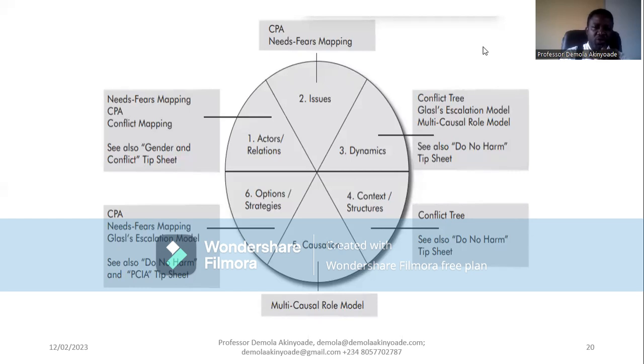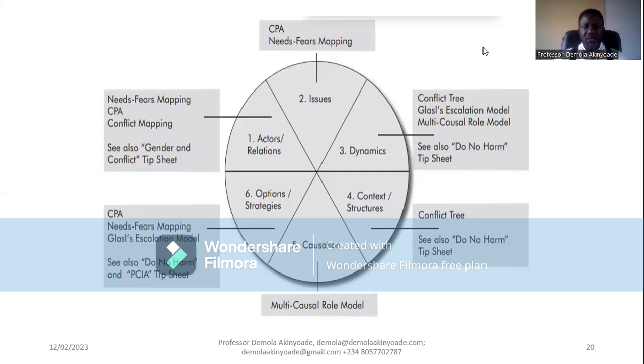Then moving to issues, I'm going to use CPA and needs-fears mapping. And then under the dynamics, I'm going to use conflict tree, Glasl's escalation model, multi-causal role model. These 3 tools. Then, analyzing context and structure, I will use conflict tree.